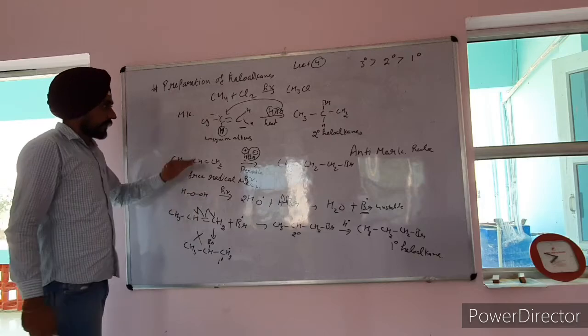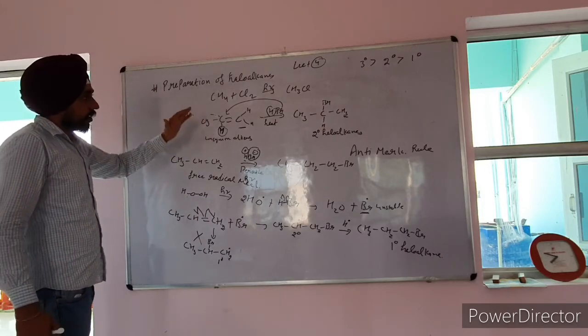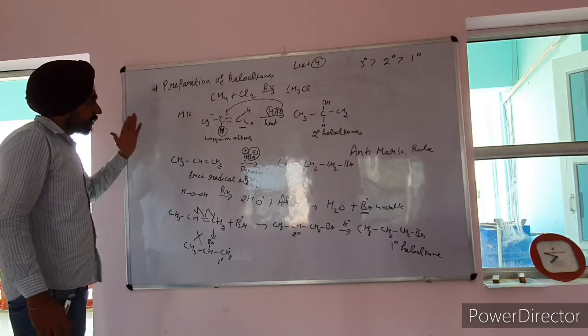Okay, dear students, that is all for addition of HBr or hydrogen acid to the alkene.